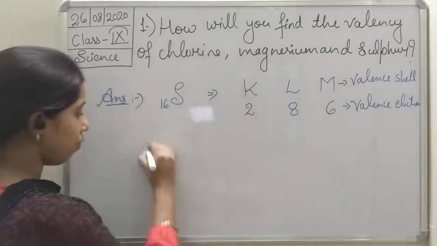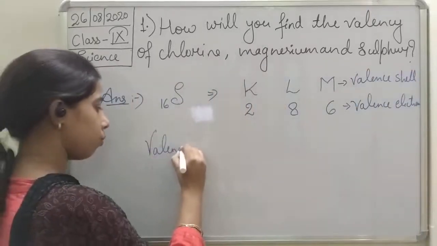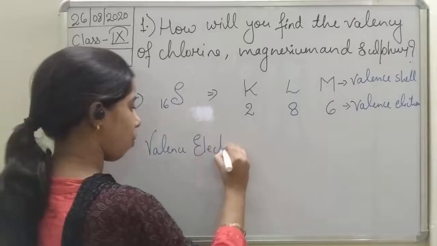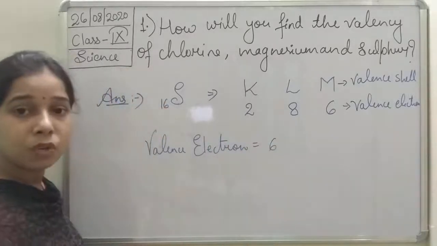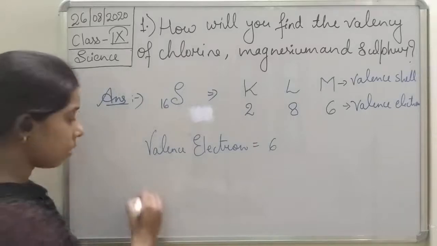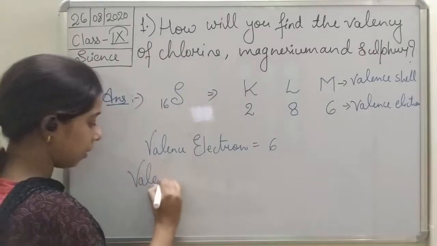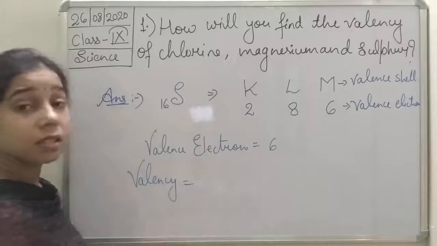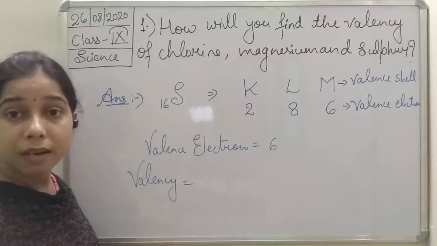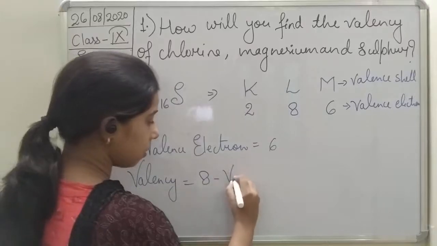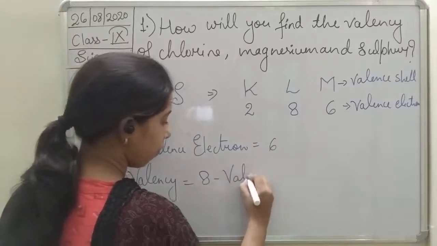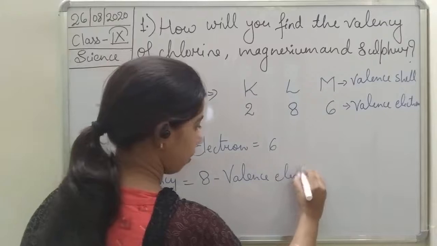Right? So what will be the valence electron here, students? Valence electron will be equal to 6. So if valence electron is 6, what will be the valency? Now you see here, students, this is more than 4. So again we will apply the formula, that will be 8 minus number of valence electron.